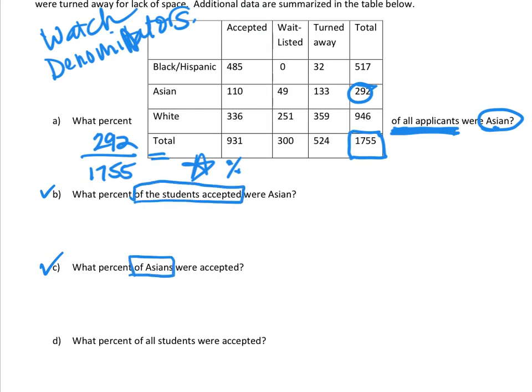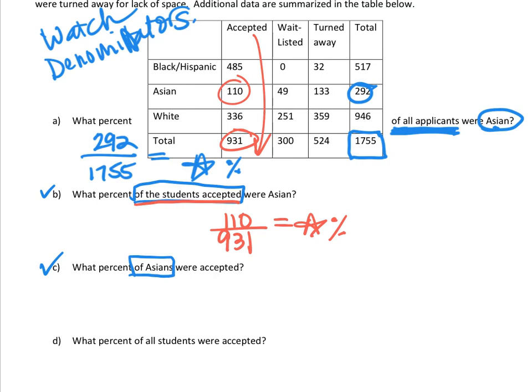All right, so let's take a look at what we have here. B says what percent of the students accepted were Asian? So out of this section of 931 accepted students, what proportion are Asian? And that's 110. Whatever that percent is, you can calculate that. Now, C sounds very similar.